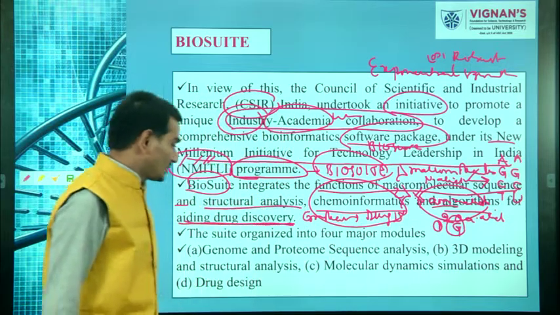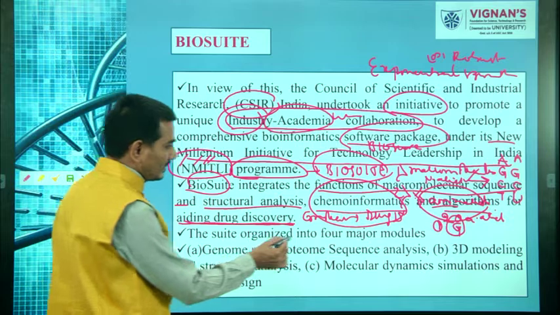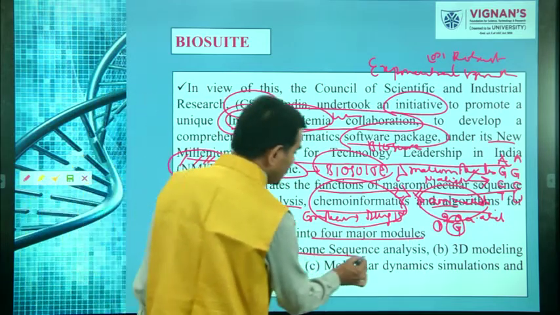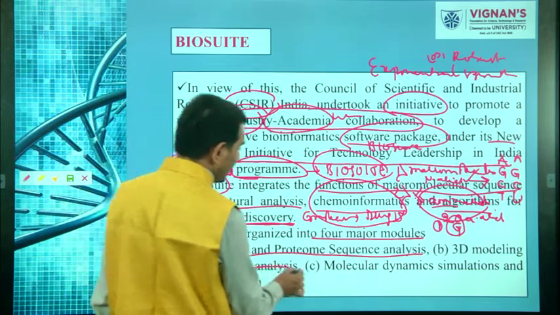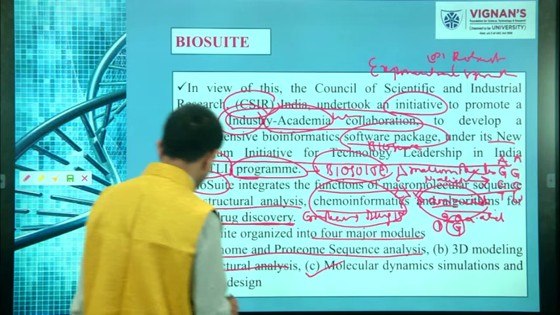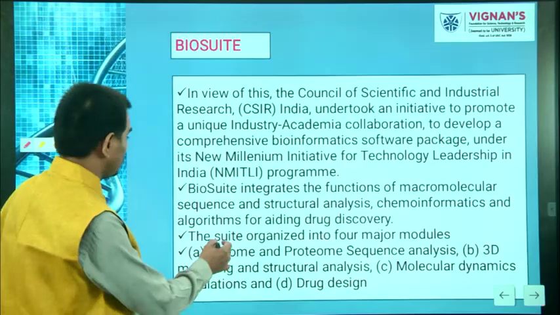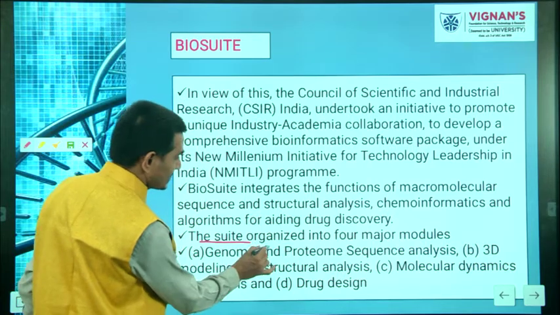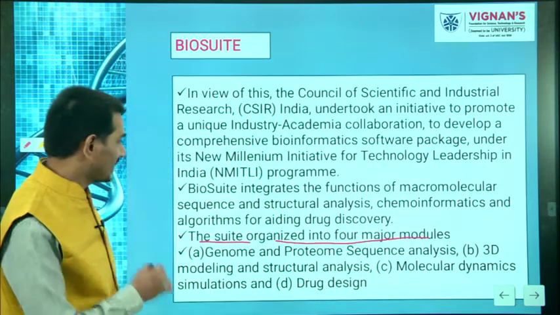Right. So this Biosuite has 4 major modules. The first one is genome and proteome sequence analysis. The second module is 3D modeling and structural analysis. The third module is molecular dynamics simulation, and the fourth module is drug design. So what are those 4 modules?